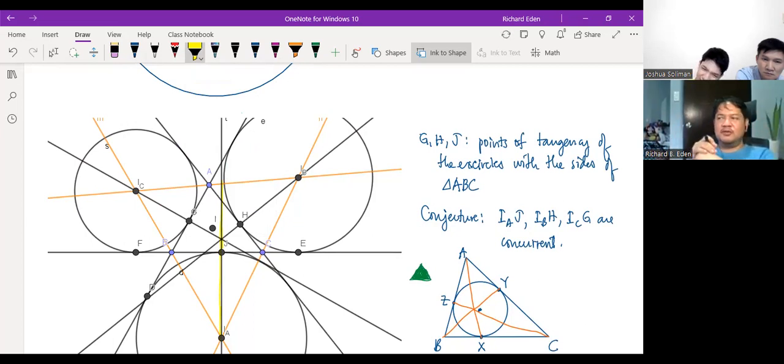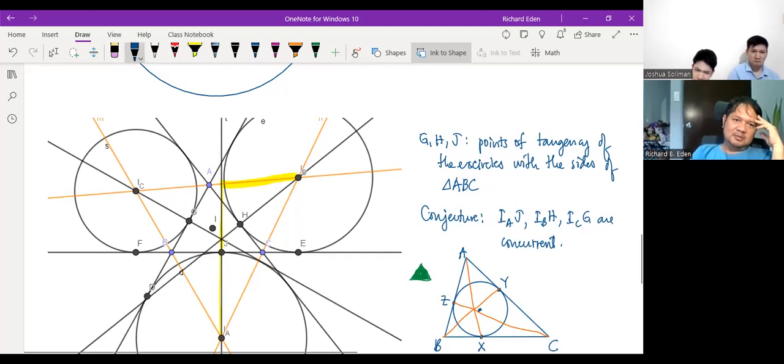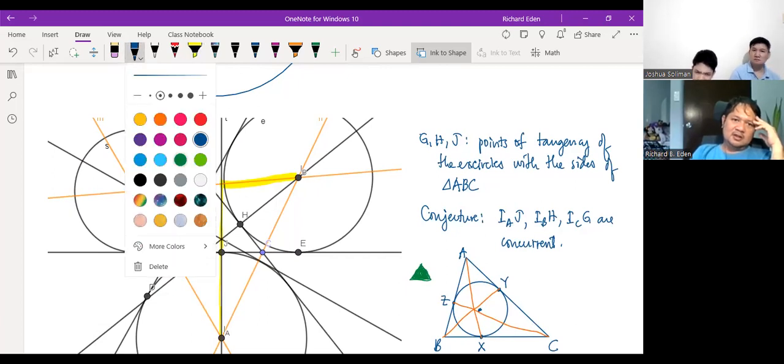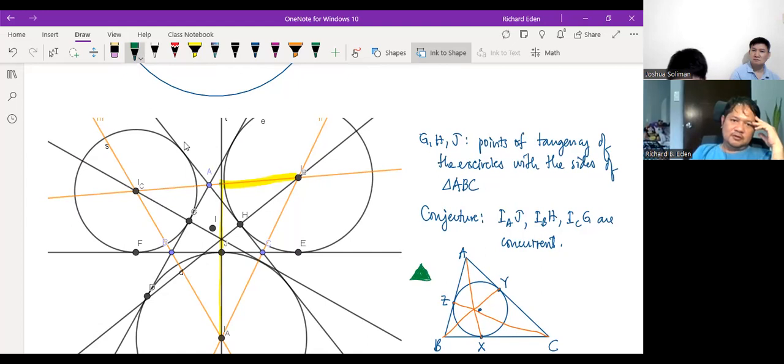However, if you're going to use Ceva's theorem, parang kailangan alam mo nung length nito eh. And from this point here, going to there. Hindi ko alam paano hanapin ang length niyan eh. I cannot think of a way to figure out the length.